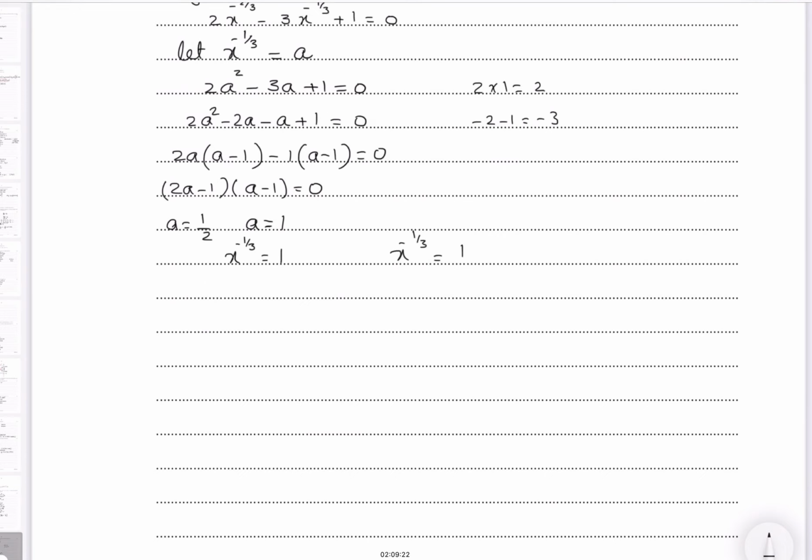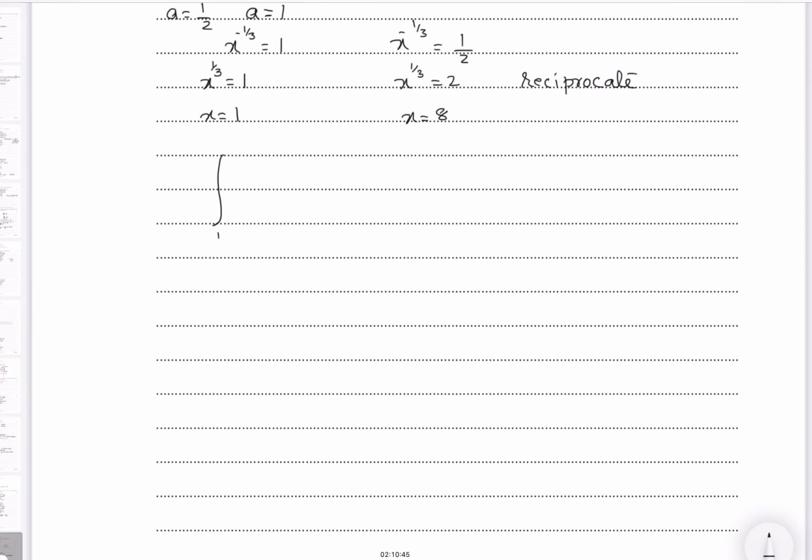So replace a by x to the power minus 1 over 3. So you write x to the power minus 1 over 3 equals 1, x to the power minus 1 over 3 equals 1 over 2. Now simplify both x's. You got x is equal to 1 and x is equal to 8.